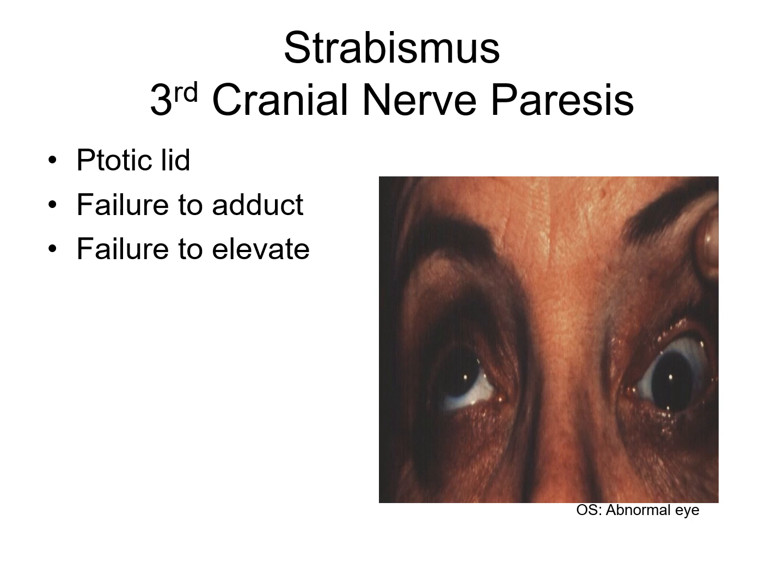A patient with third cranial nerve paresis presents with ptosis of the involved eyelid and a down and out eye that is unable to adduct or elevate.